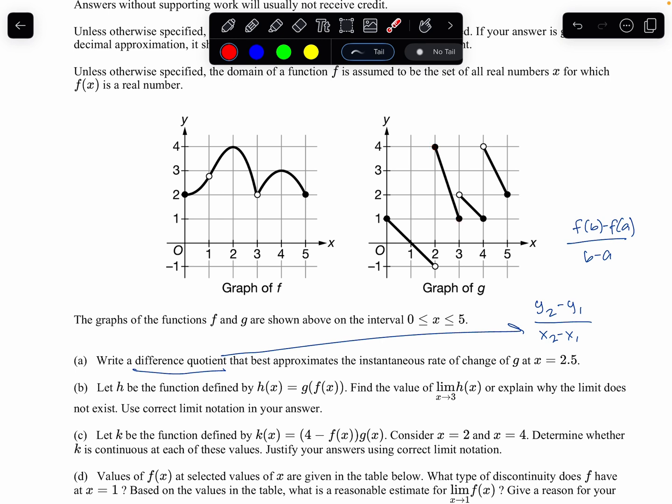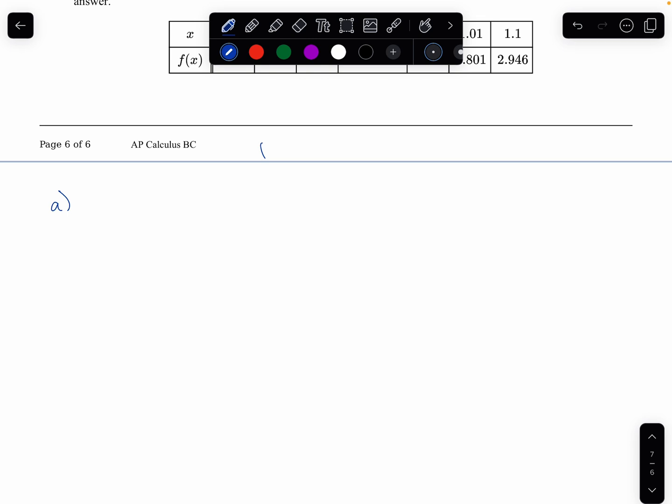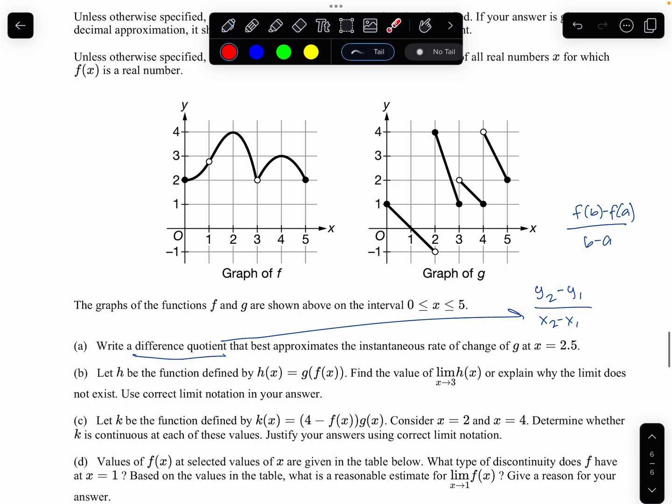So we'll take f of 3, right? Or sorry, g of 3. We'll take g of 3 minus g of 2 over 3 minus 2. G of 3, what is g of 3? So g of 3 is 1, g of 2 is 4.